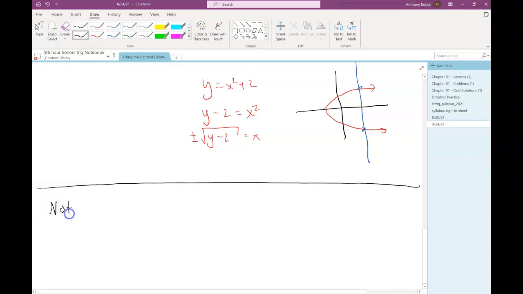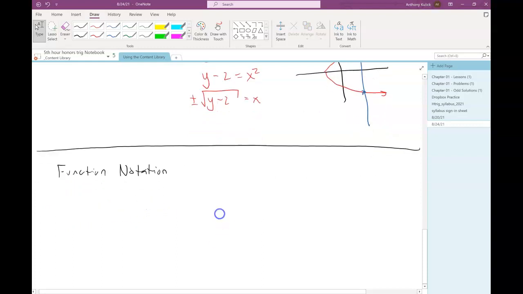Another representation similar to an equation is function notation. By function notation, I mean y equals f of x. And really what this is saying is just y is the value of f at x.